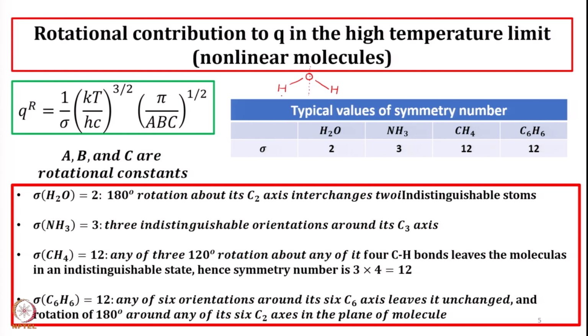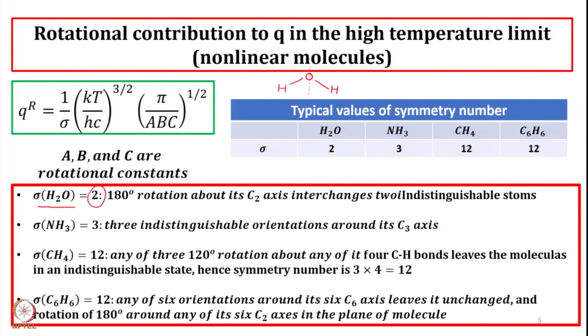This atom will occupy this position and this atom will occupy this position. So a rotation by 180 degrees will leave the molecule in an indistinguishable form. Therefore, the symmetry number for water will be equal to 2.